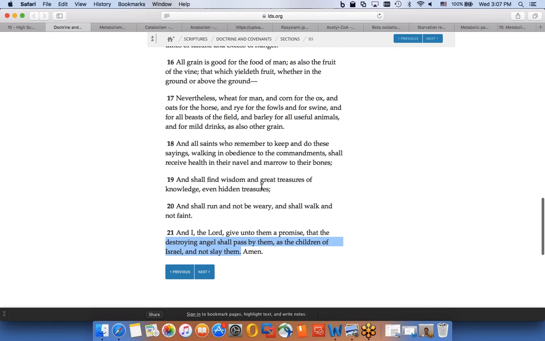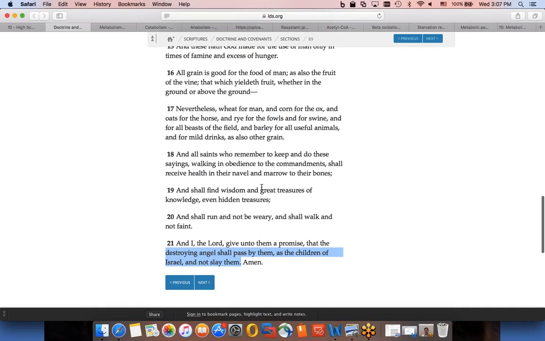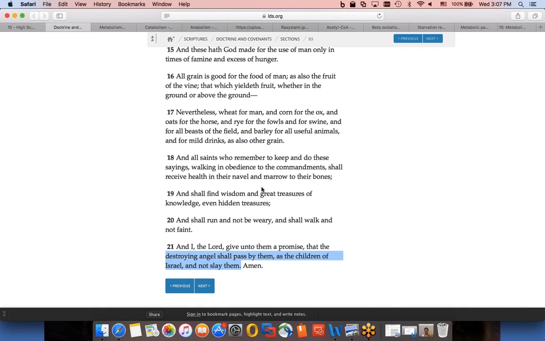But if we keep the word of wisdom, then it will pass by us like it did Moses and the children of Israel. Absolutely. Excellent. Good.